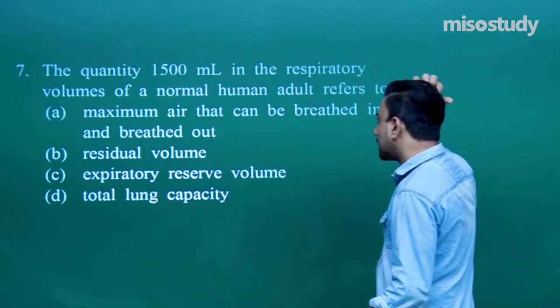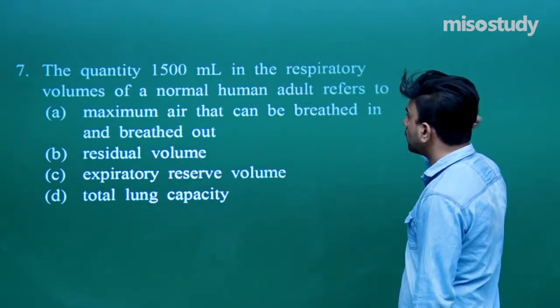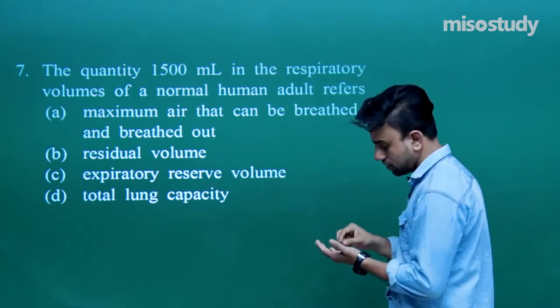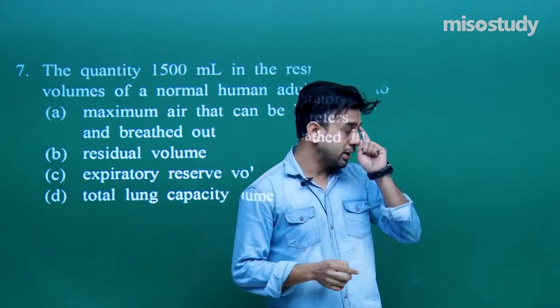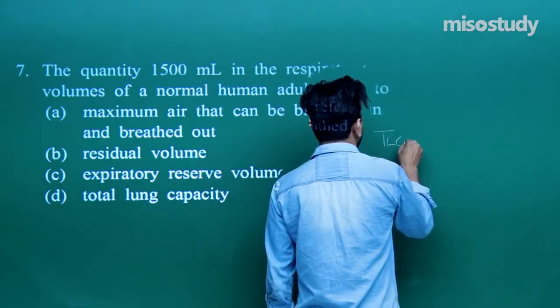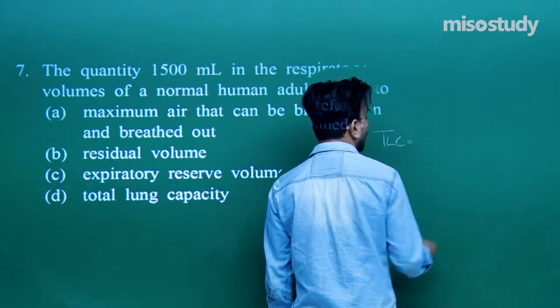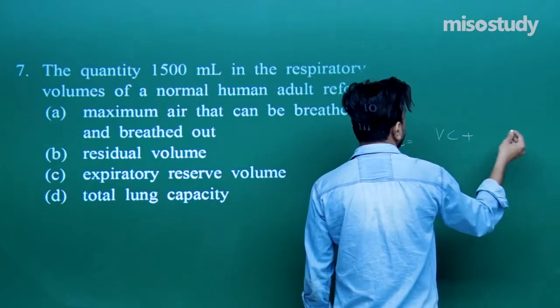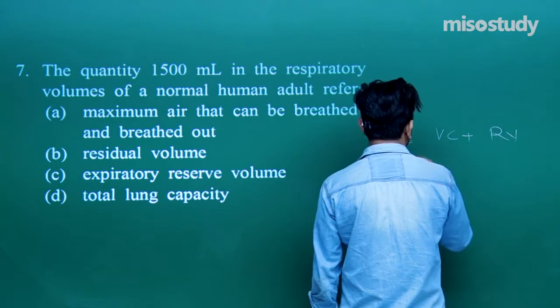The quantity 1500 ml in the respiratory volume of a normal human adult refers to, right. What we have already talked about is the total lung capacity, which is equal to the vital capacity plus the residual volume.